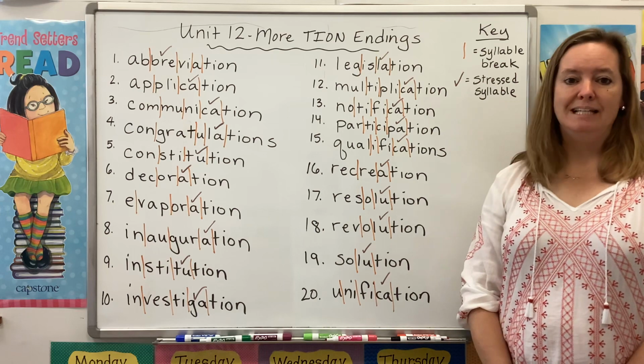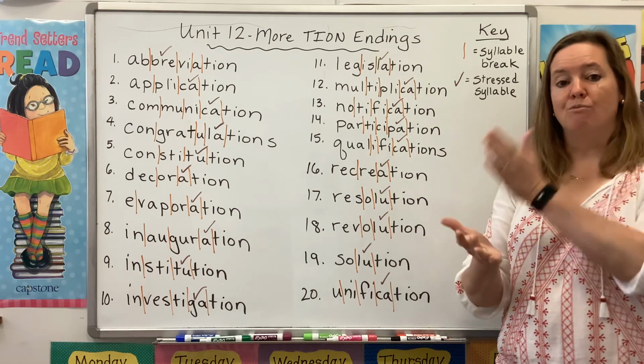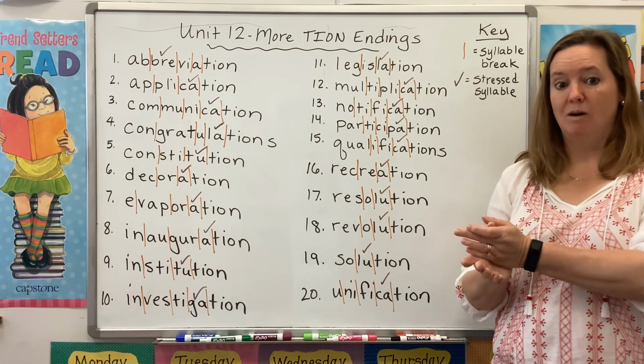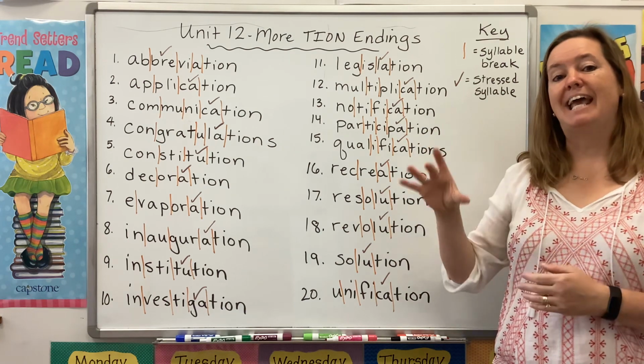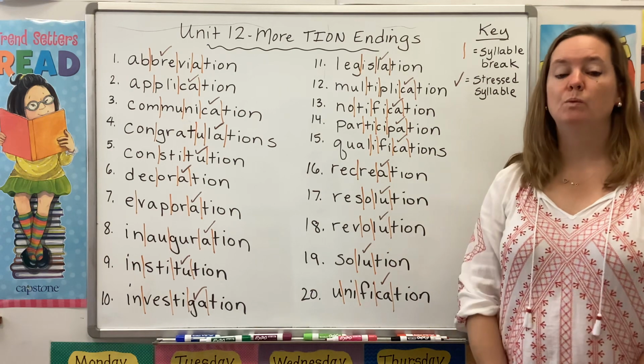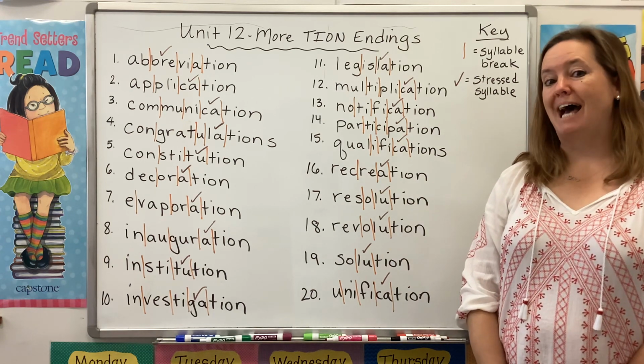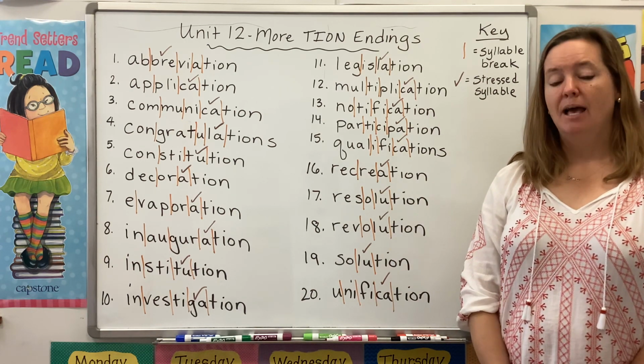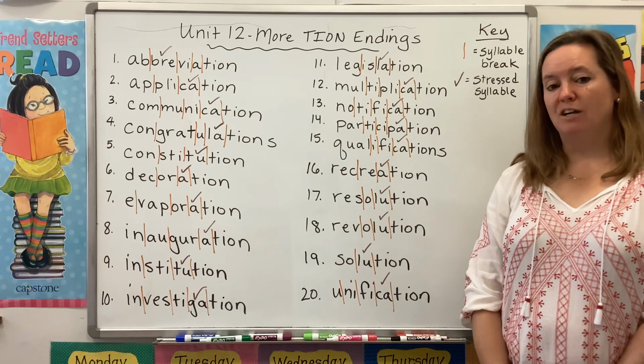Last week it was pretty easy. We just took the verb, dropped the silent E if there was one, and then added ation. This week there are actually 3 different rules we're following when we add that shun ending. But before we get there, let's read our words.